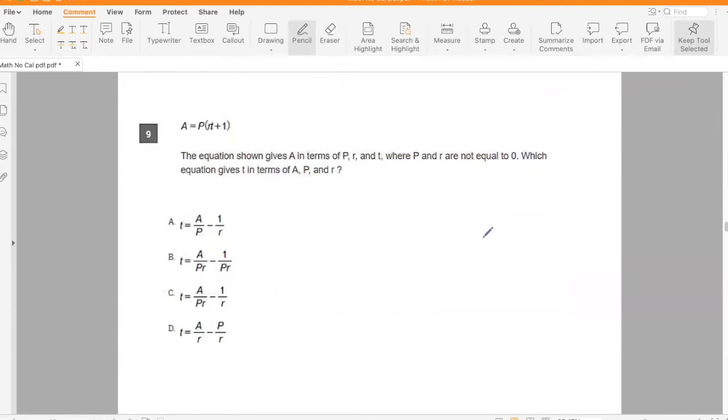The equation shown gives A in terms of P, R, and T, where P and R are not equal to 0. Which equation gives T in terms of A, P, and R? So A is P times (RT plus 1), which is PRT plus P. So A minus P is PRT.